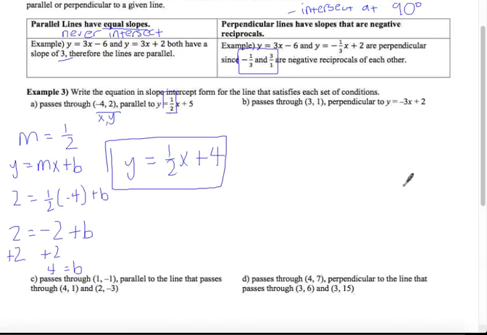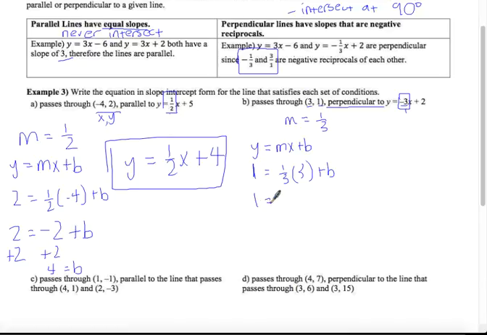So our second example here, now we have passes through 3, 1 and perpendicular. Since this slope is negative 3, which is negative 3 over 1, our new slope is going to be positive 1 over 3. So again, we substitute. We start with mx plus b, and we know that when y is 1, 1 equals 1/3 times x, which is 3, plus b.